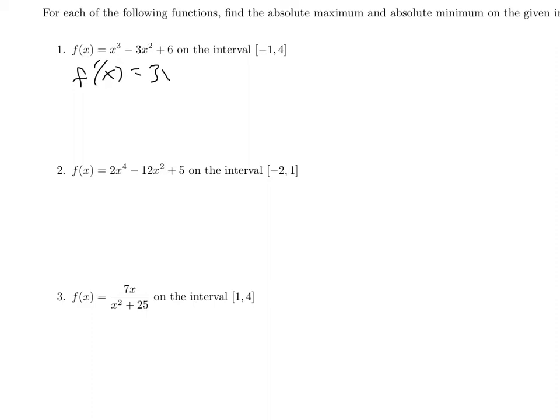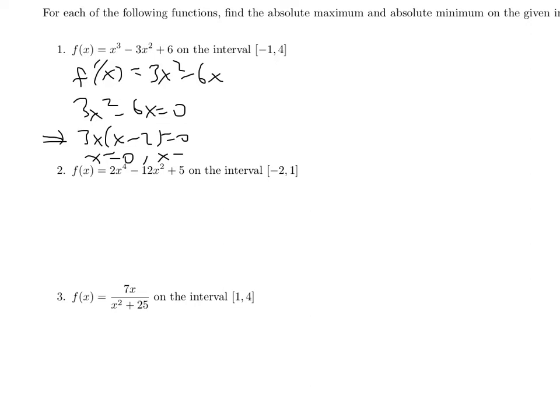So we have 3x squared minus 6x, and I'm going to set that equal to 0. So 3x squared minus 6x equals 0 will mean that 3x times x minus 2 equals 0, which means that x is 0 or x is 2.